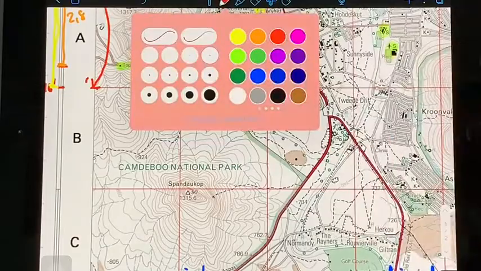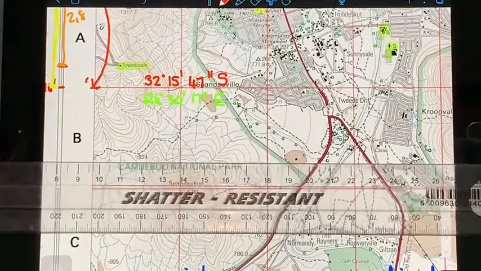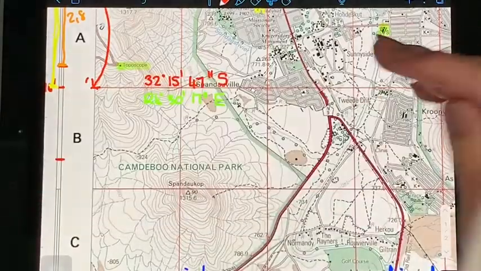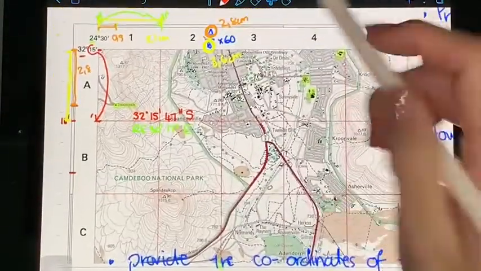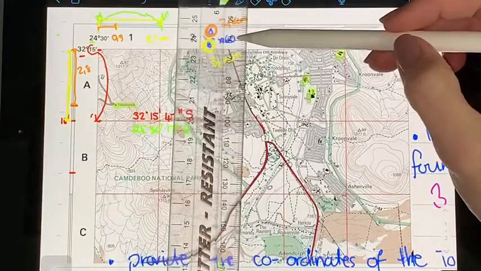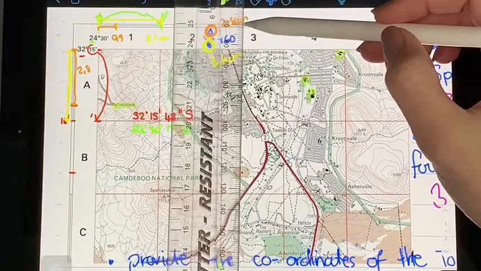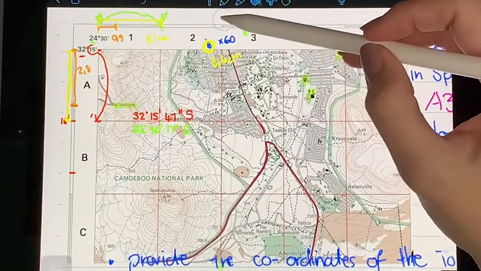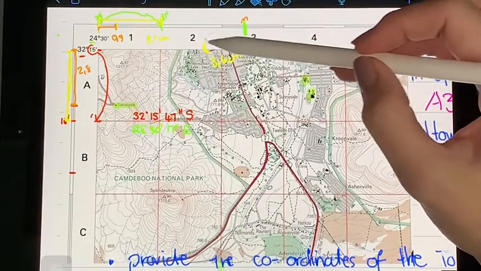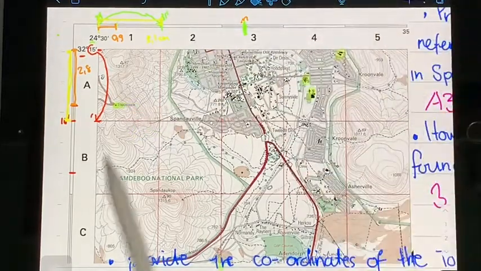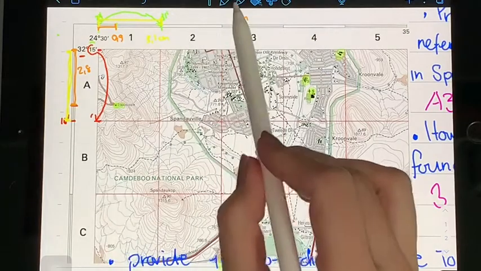And so what you want to do is mark off where it has hit the margin here for the latitude and where it is going to hit the margin for the longitude. Okay, I'm going to get rid of some of the working out from the previous sum. So we have our latitude and our longitude features.